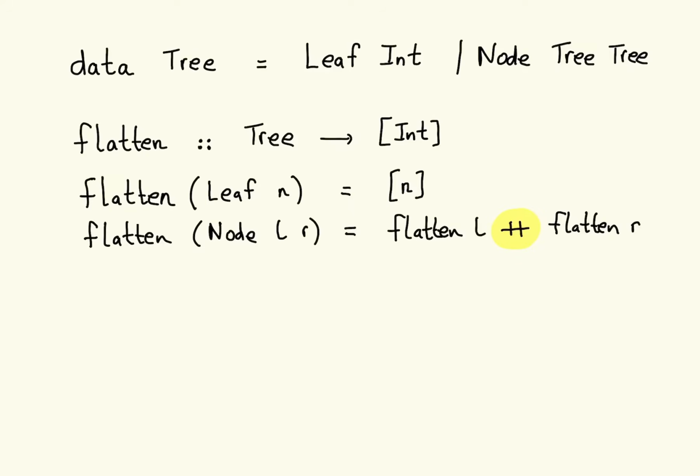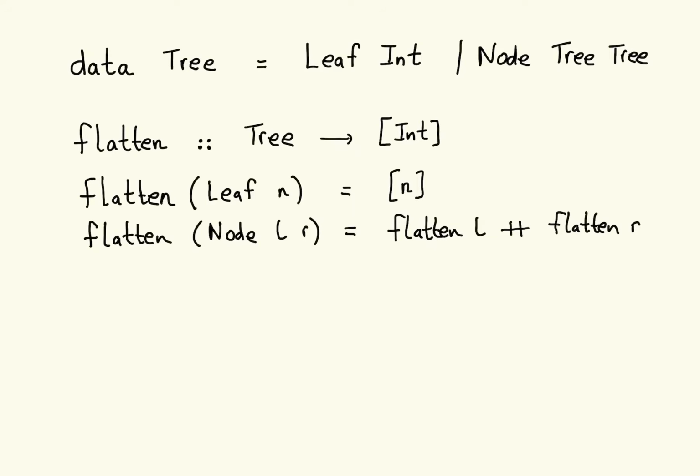And this time we're actually not going to calculate the precise time complexity of this function, but you could run some experiments and you'll find out that this is inefficient because of this use of the append. And actually it's doubly inefficient because we have two recursive calls to the flatten function. So the name of the game now is how can we eliminate the use of the append operator in the definition of the flatten function and hence make it more efficient.